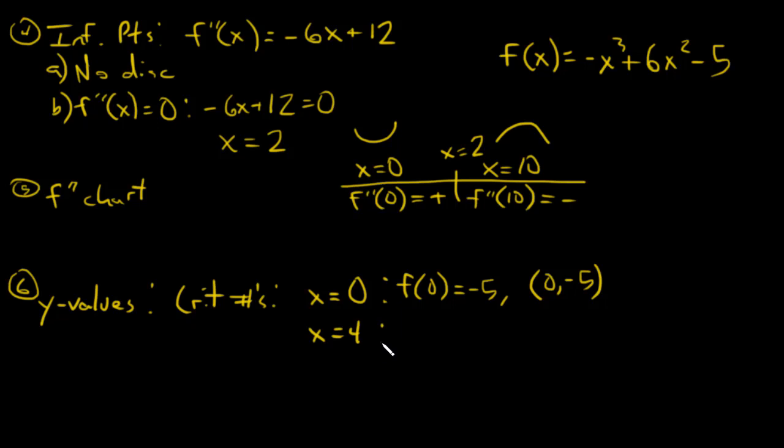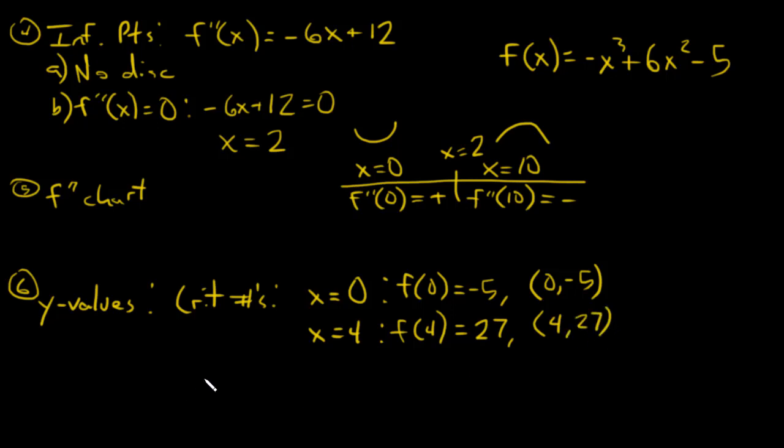Now the next one, f of 4, is going to be negative 64 plus 96 minus 5. So negative 69 plus 96 is positive 27.